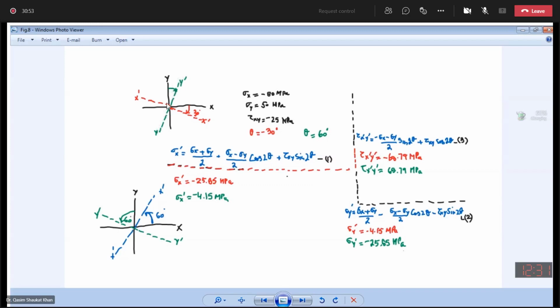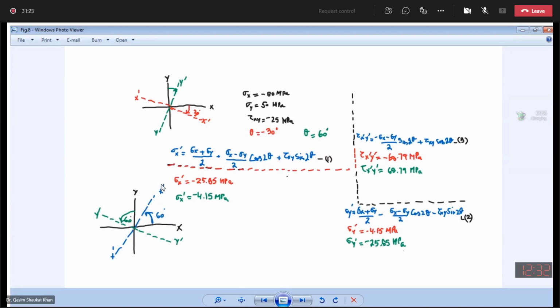Now, when you have rotated your element 60 degrees counterclockwise, you can see this is your x dash axis and this is your y dash axis. What has happened when you changed the rotation from 30 degrees clockwise to 60 degrees counterclockwise is that your axes are interchanged.